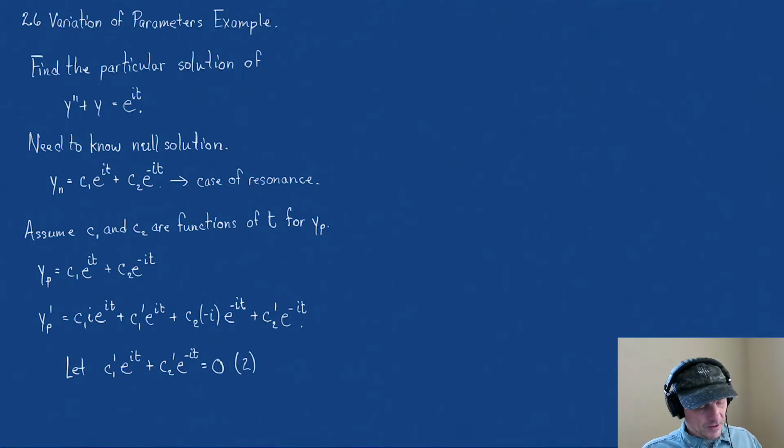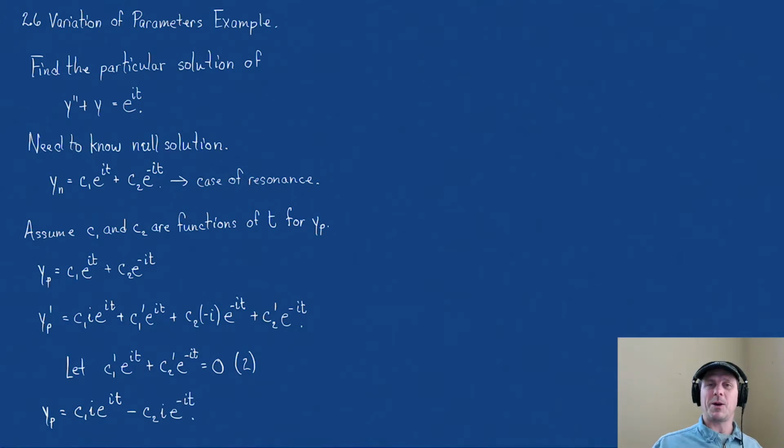Now, let's continue. So now our y particular prime is going to be C1 i e to the it minus C2 i e to the minus it. And now we repeat.